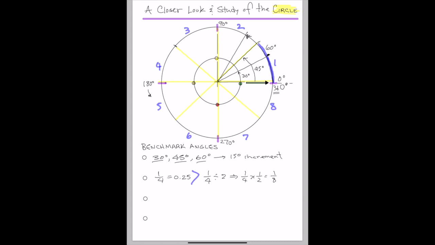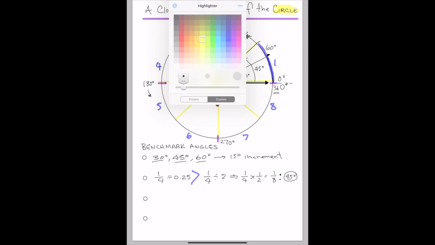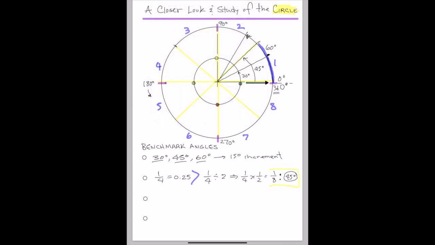Okay? So 1/8 is represented by this 45-degree angle. So there's some kind of relationship here that I'm wanting you to recognize between a 1/8 portion of a whole circle and the 45-degree angle. Okay?